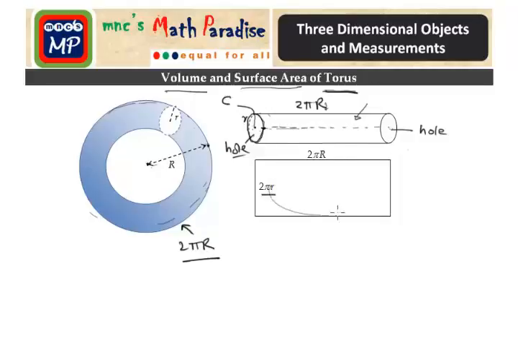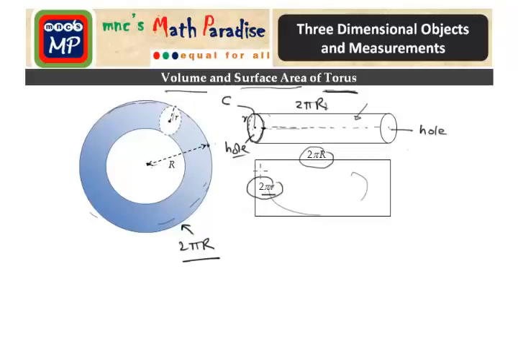And for this rectangular face, one dimension is 2 pi r, another dimension is 2 pi capital R, where capital R is the radius from the center to the outer edge, and small r is the radius of this cylindrical tube. So this is the radius of this cylindrical tube, and this is the radius of this total donut shape from center to outer edge.